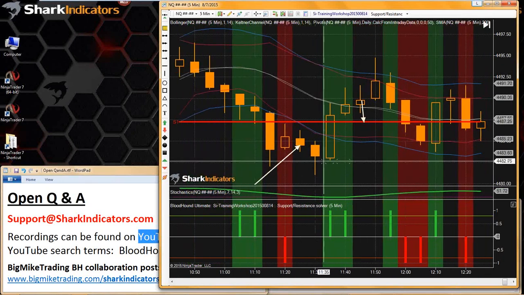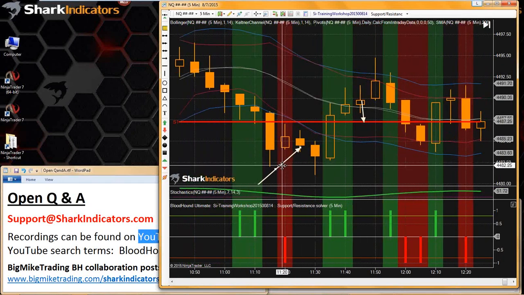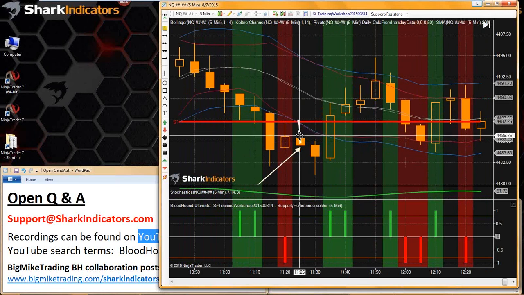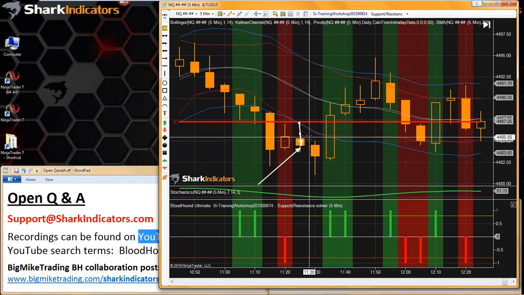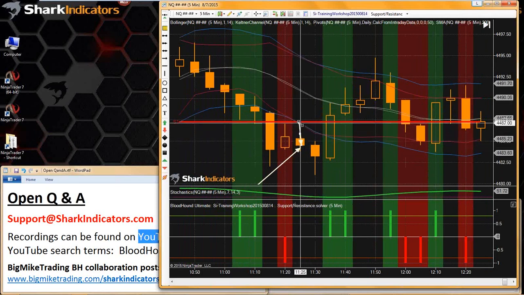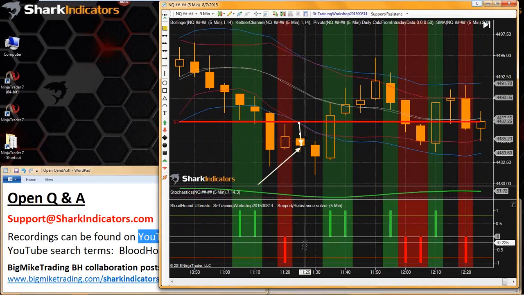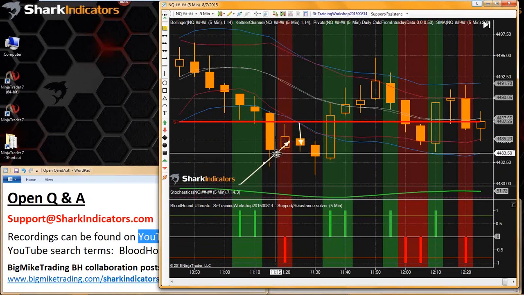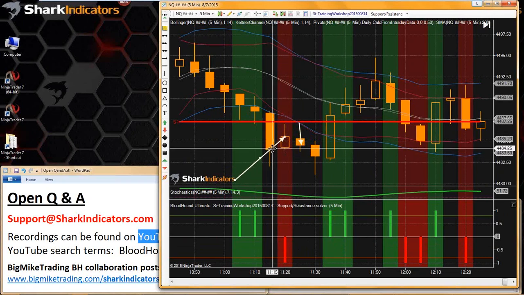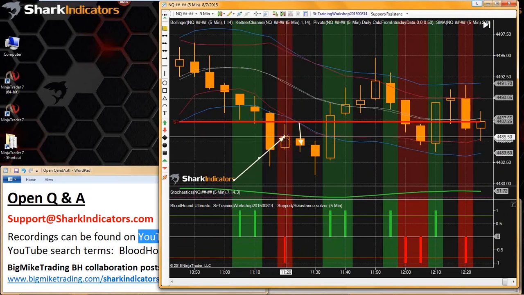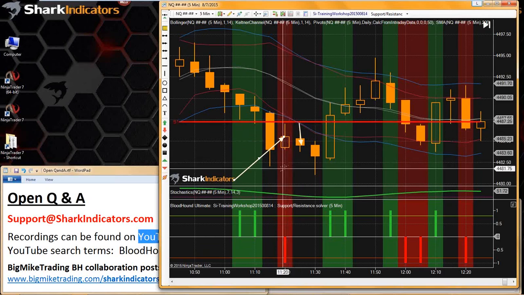So like over here, price is more than 10 ticks away from our S1 line, and so there's no short output. And now up on this bar, the closing price right here is within 10 ticks of our S1 line.